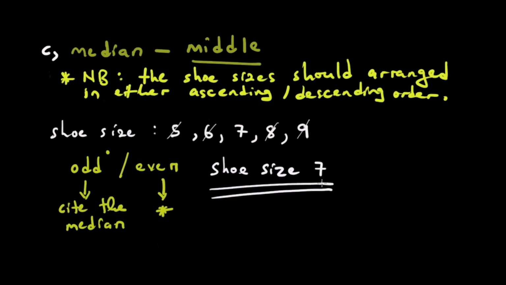Shoe size number 7. That's why we said when we are dealing with elements whose number is odd, like 5 is an odd number, we can actually just cite the median.